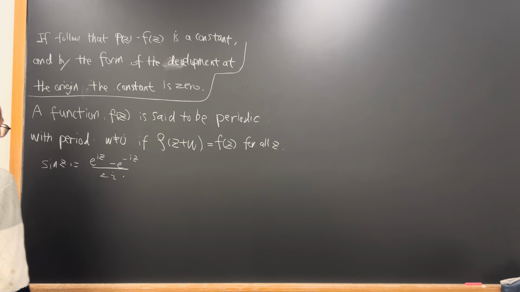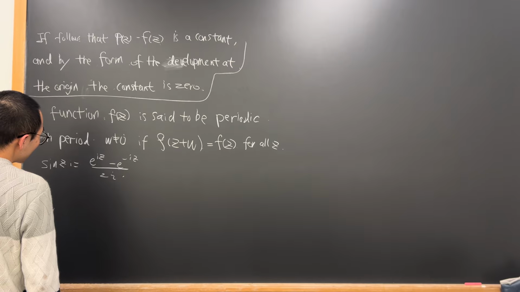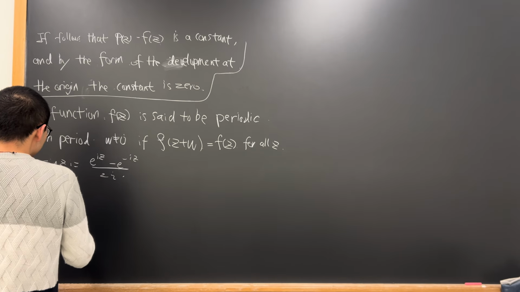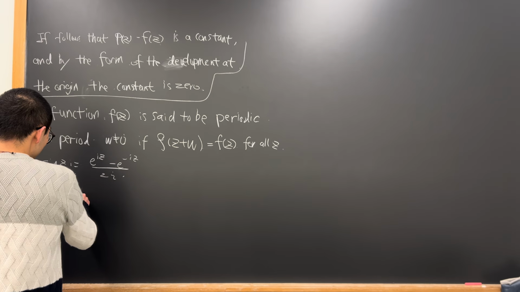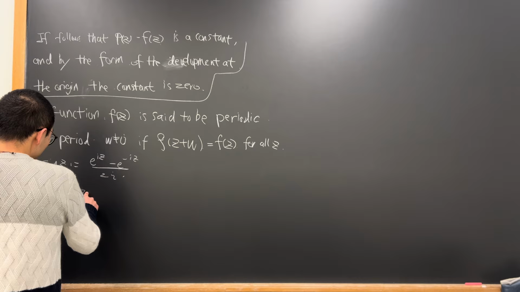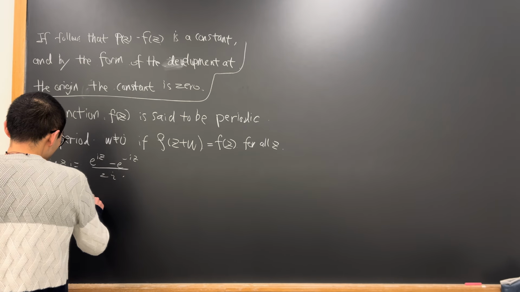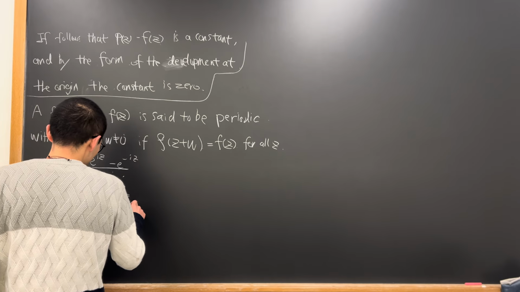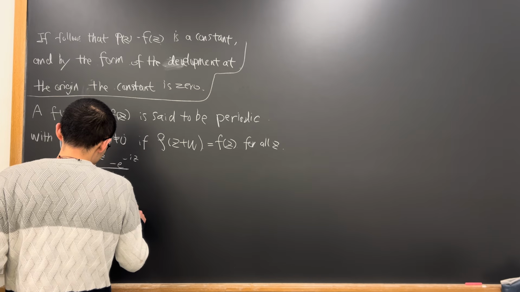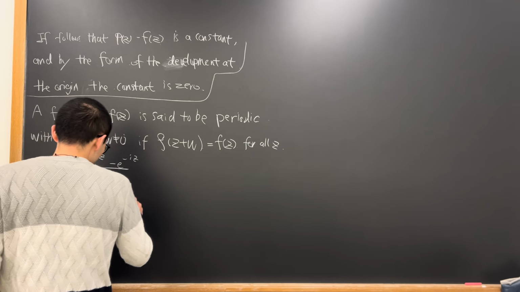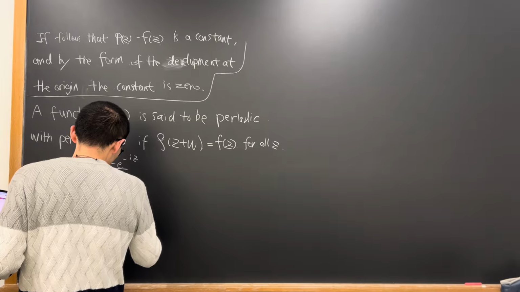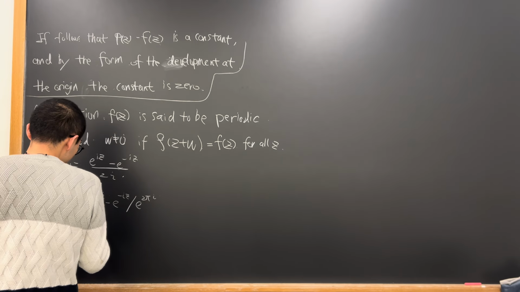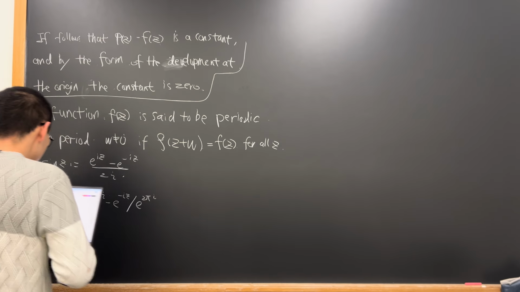If you change z to z plus 2 pi, you factor out e to the iz, and you get e to the 2 pi i, and e to the 2 pi i is equal to 1. Then it's the same, so we have period 2 pi.